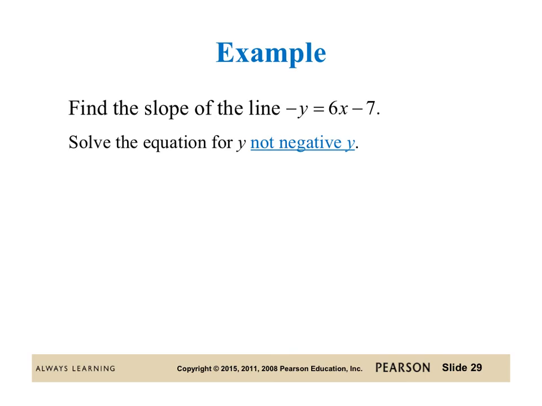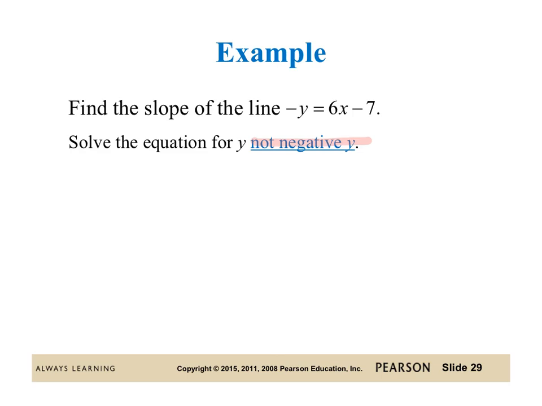Now, by far the easiest way to find slope, if you have the equation and not points, is actually to solve your equation for y. The key is you need to solve it for y, not negative y.